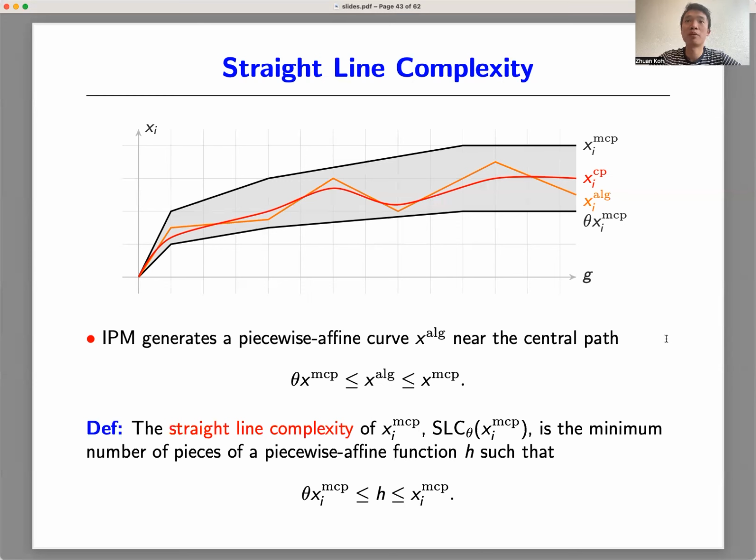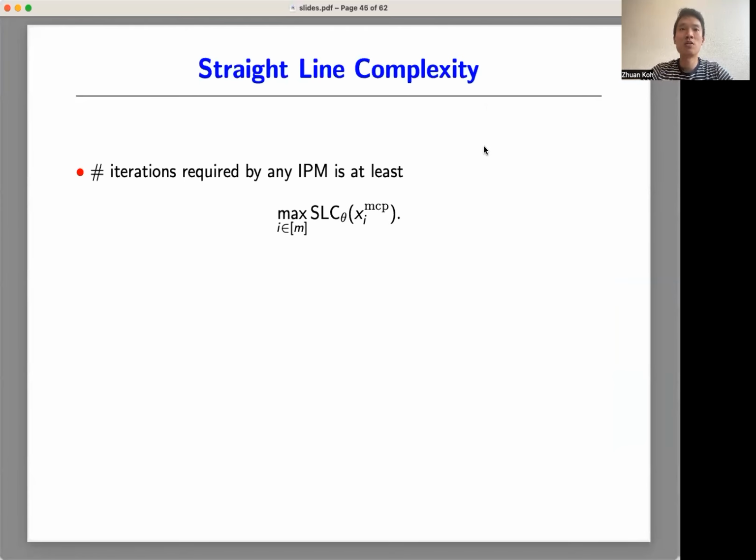So here, for example, the straight line complexity is 2 as certified by the blue curve. Since an IPM generates a piecewise affine curve in the theta neighborhood of the max central path, the number of iterations required by any path following IPM is at least the straight line complexity of every coordinate of the max central path.